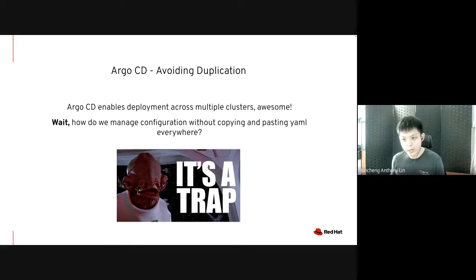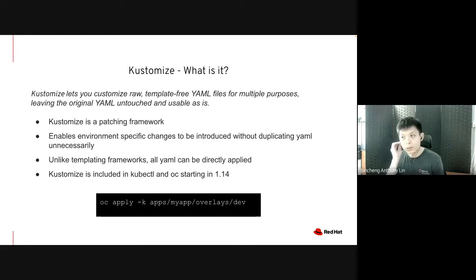But how do we make sure that we are able to manage configurations without having to do a lot of copy and paste, especially when things are quite similar across different environments? One of the things we can do in ArgoCD is to use what we call Kustomize. Kustomize allows us to customize the raw template-free YAML files for different purposes.